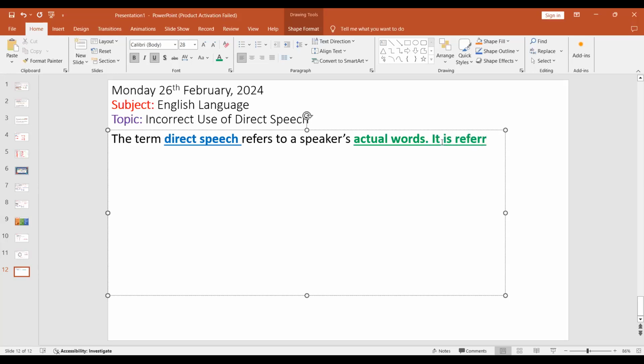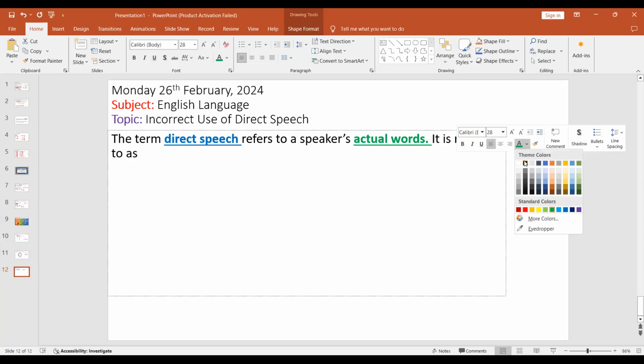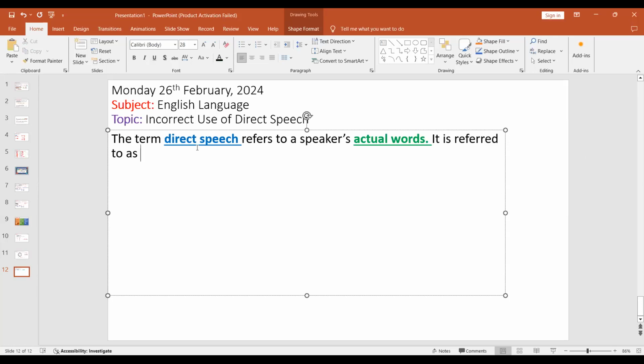When we're talking about direct speech, there's a word we use for this. It is referred to as dialogue, right? Or conversation. So that's what we mean by direct speech, dialogue or conversation.